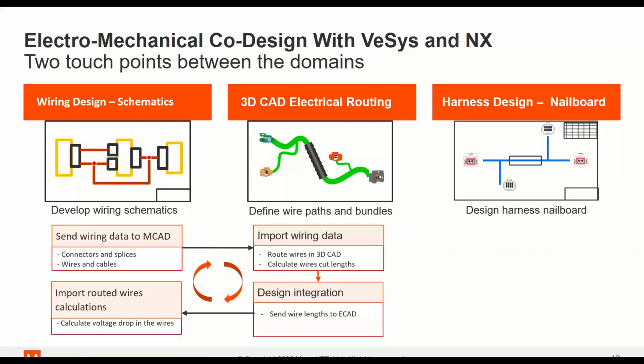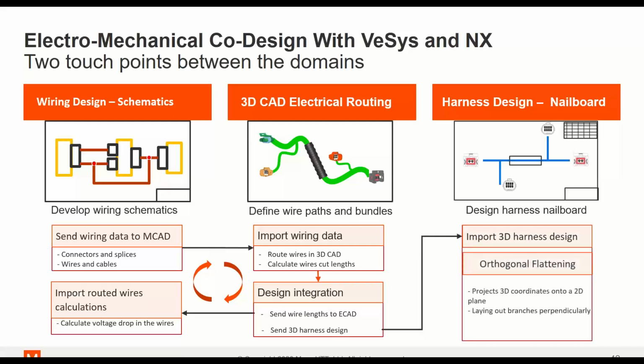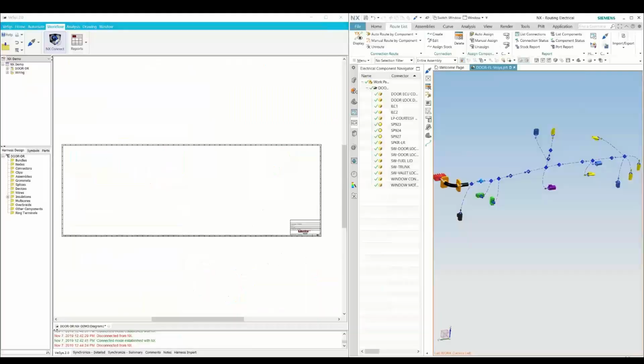Once the schematic is built and added with the wire length, the mechanical team then starts the process of creating the actual harness. That means sending the data from the mechanical team to the technicians to build the harness and the 3D design. So let's see how that process looks.